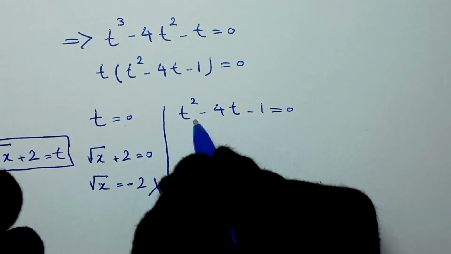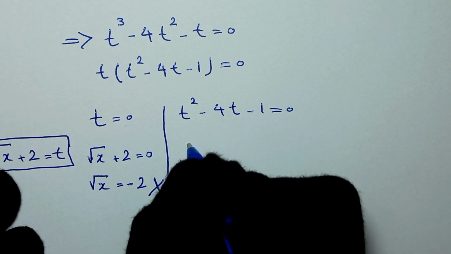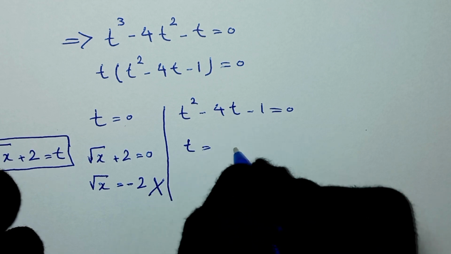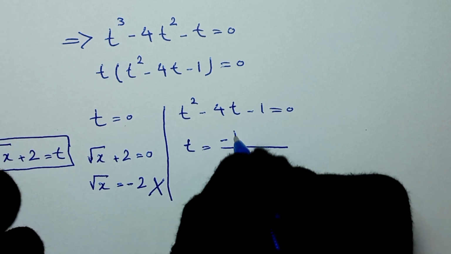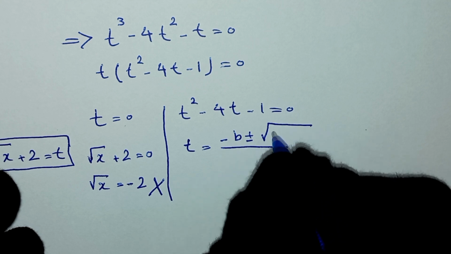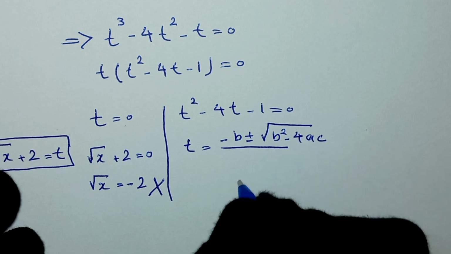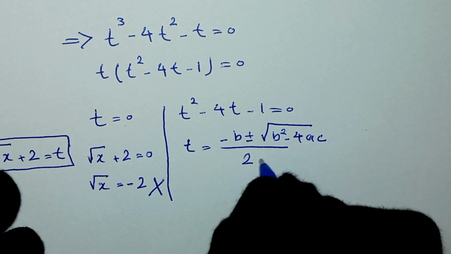And in here this is a quadratic equation, so we use quadratic formula, which is t is equal to negative b plus or minus square root of b square minus 4ac over 2a.